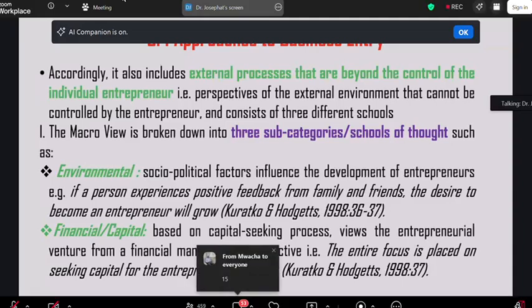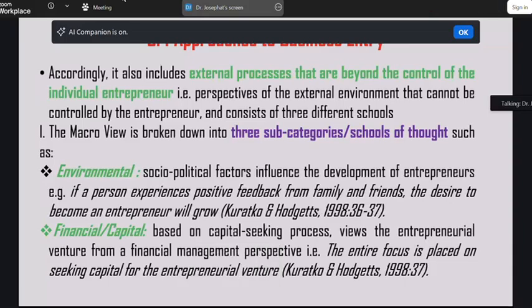Kwenye social tunaangalia family background, attachment, watu wanaomzunguka yule mjasiriamali. Kama akiweza kupata support, akapata positive feedback, especially kutoka katika familia, marafiki, desire yake ya kuwa mjasiriamali, ya kitu anachokifikiria au ya kitu anachoanza kukifanya inakuwa. Lakini kama akipata negative feedback, always wengi wanakata tamaa na wanaishia pale.